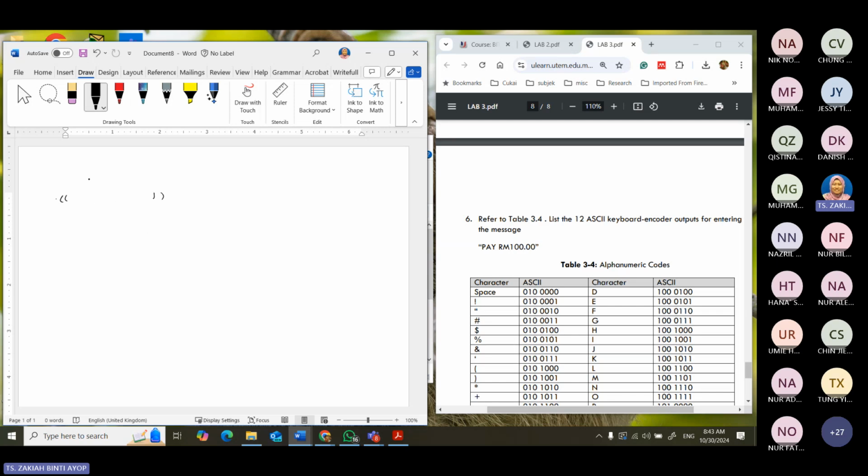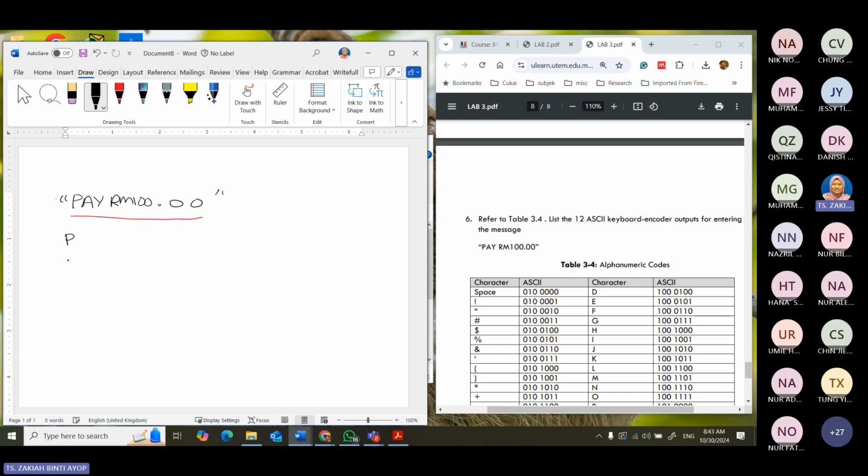So in this case, what you recognize as the message is PAY space RM100.00. So let me use this part, and then close quote again, close inverted comma. So what you need to consider is only this part. Now, how do I need to convert it?